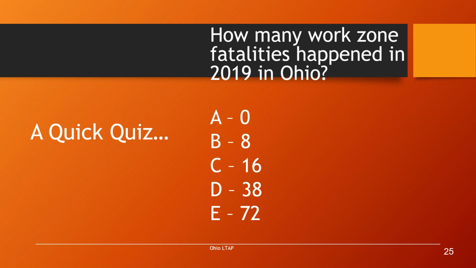But anyway, some crashes do happen in work zones, and so we need to be aware of that, but do our best to use the typical applications and the signs that are listed in those typical applications.